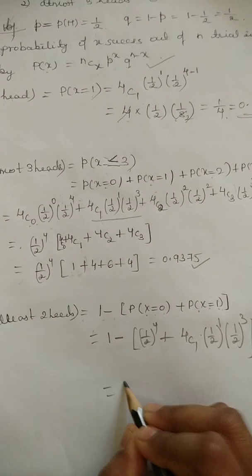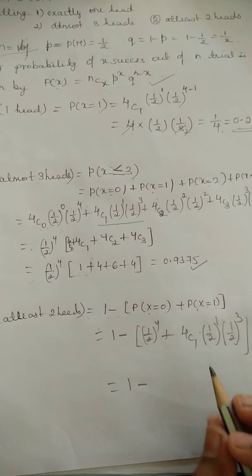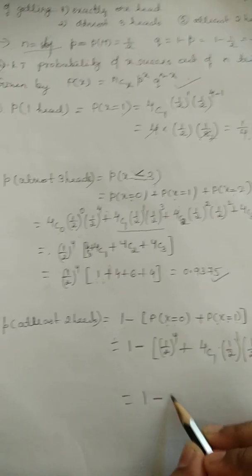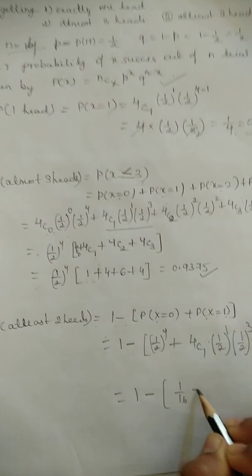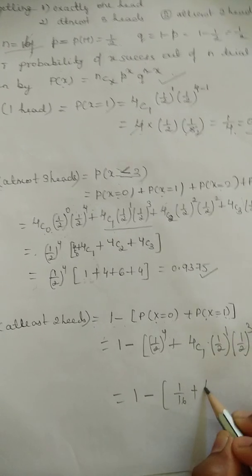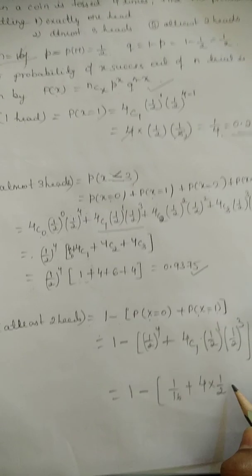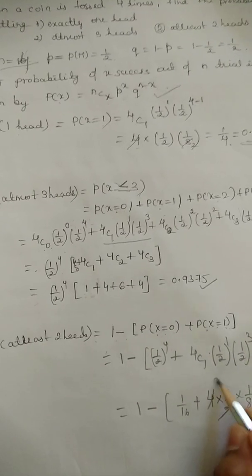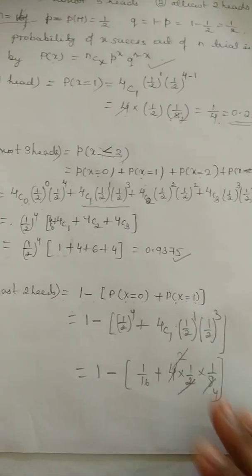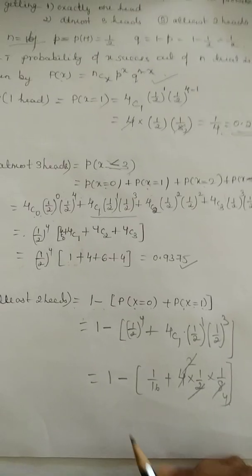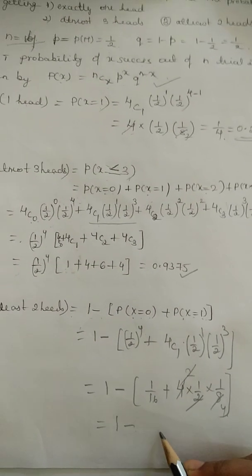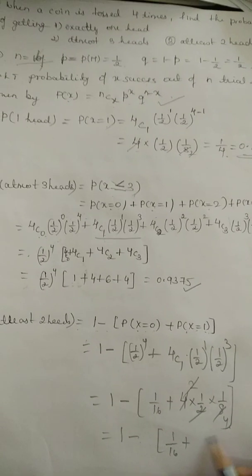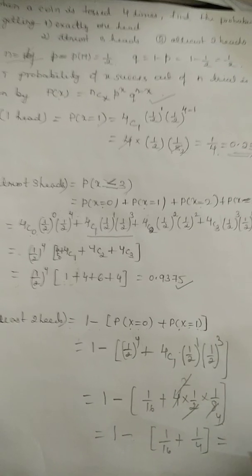So that is equal to 1 minus 1 by 2 whole raised to 4, which is 1 by 16, plus 4C1 value 4 into 1 by 2, and this is 1 by 8. 2 ones are 2, 2 twos are 4. You can simplify, you will get the answer 1 minus 1 by 16 plus 1 by 4. Okay, get the answer.